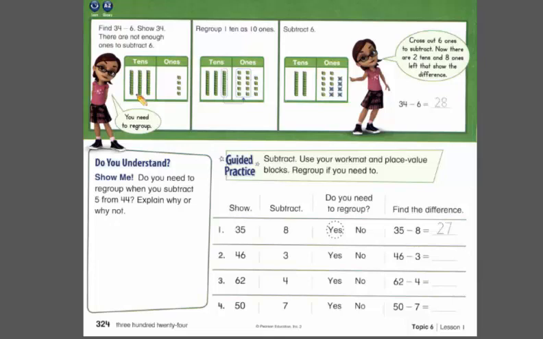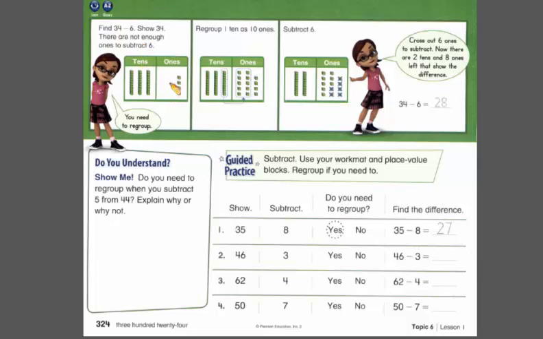Here, 34. 1, 2, 3 tens and 4 ones. So how many tens are in 34? Yes, 3 tens. I want to subtract 6 from 4 ones.